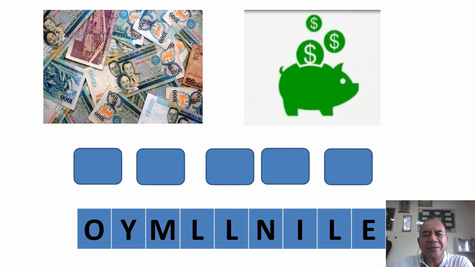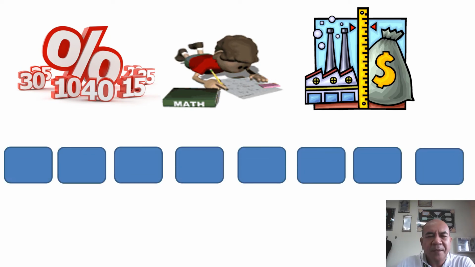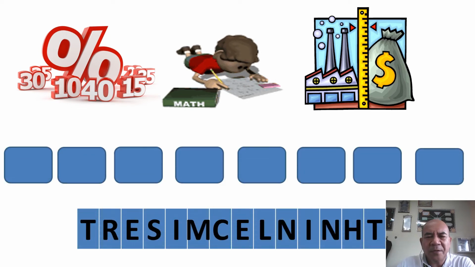Yes, of course, it's all about money. You're correct. Now about this one. This picture is about interest, about money, and you're going to guess what word this is. What do you think? I-N-T-E. Yes, it's all about interest.